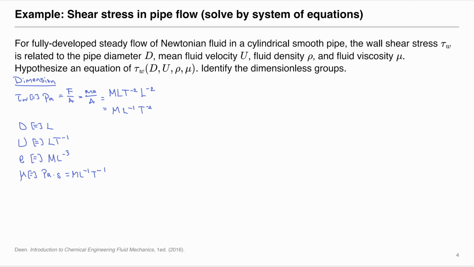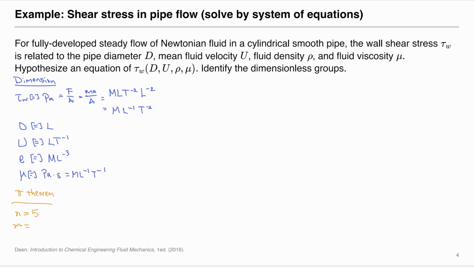And now, what I can do is to use the Buckingham Pi theorem, which tells us that the number of quantities, which here is 5, n is equal to 5, minus m independent dimensions.